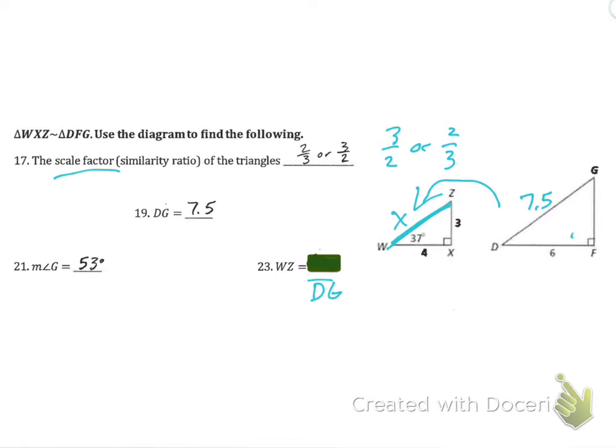This is X, and I know FD is equal to 6 and XW is equal to 4. So what I could do is 4 over 6 is going to be equal to X over 7.5. Then 6X is going to be equal to 4 times 7.5, which is 30. So then X should be 5. So WZ should be 5.